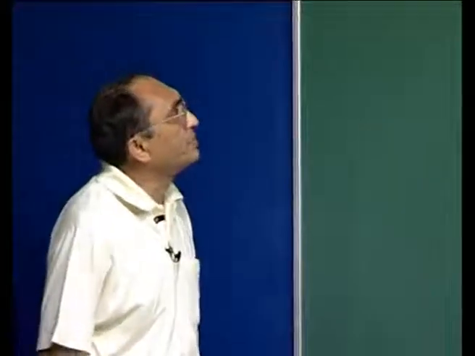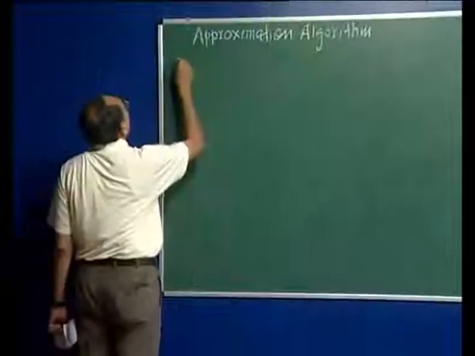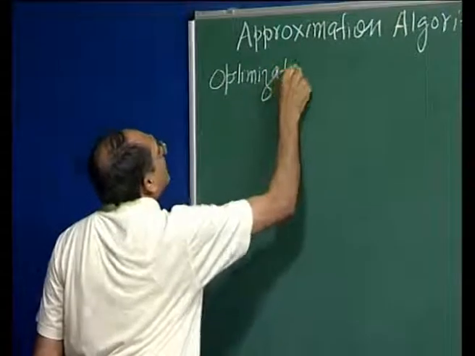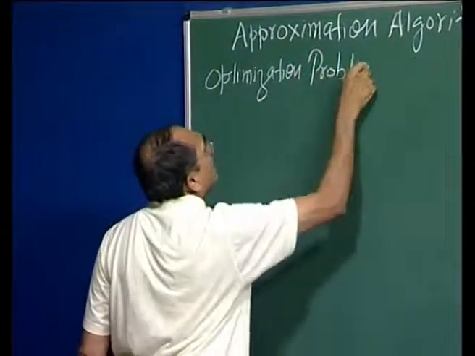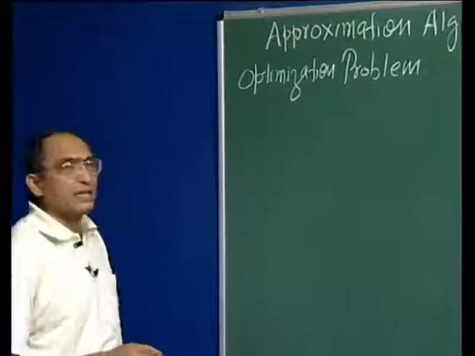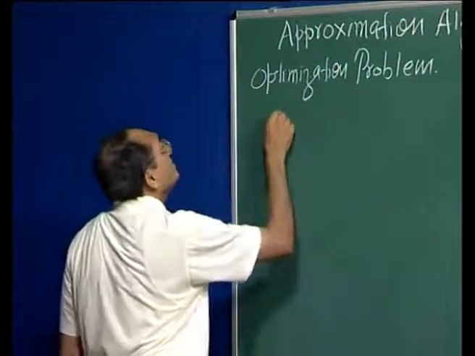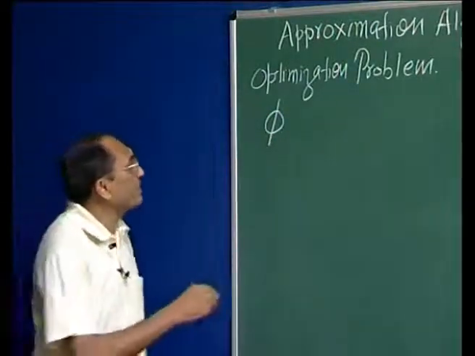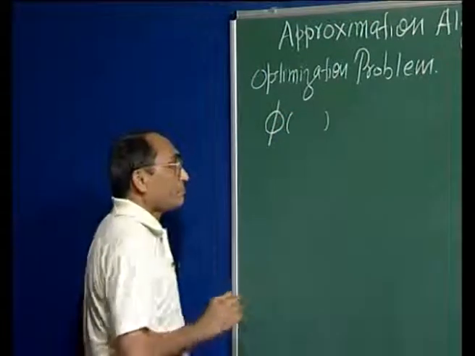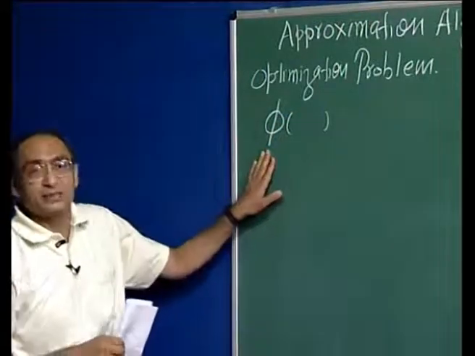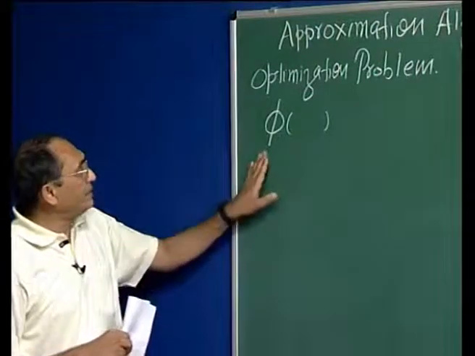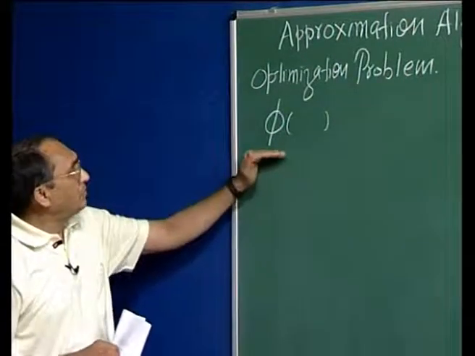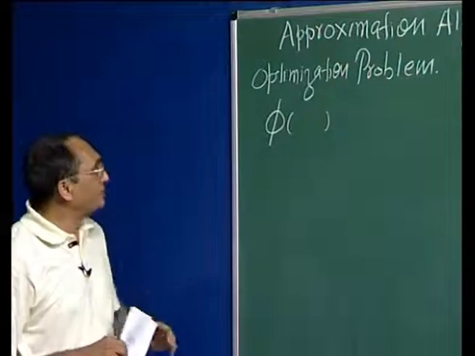So, let us suppose we have an optimization problem in which we are given some background and we are given some optimization function, some function of a few parameters, and our objective is to minimize or maximize this, to find an assignment to various parameters which optimizes this function.